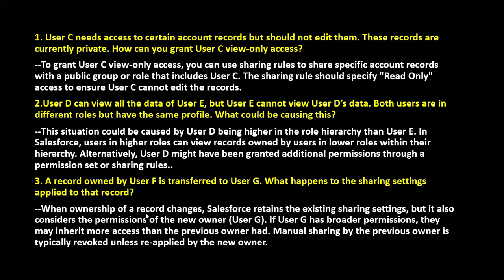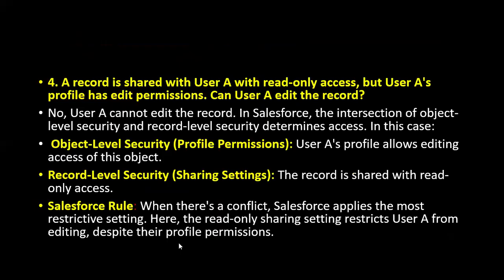When ownership of a record changes, Salesforce retains the existing sharing settings, but it also considers the permissions of the new owner, user G. If user G has broader permissions, they may inherit more access than the previous owner had. Manual sharing by the previous owner is typically revoked unless re-applied by the new owner.